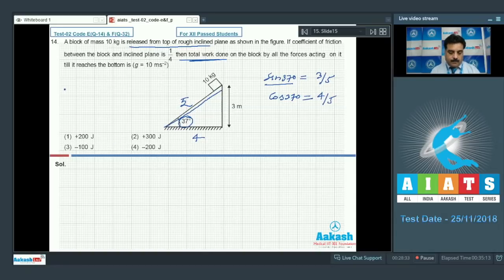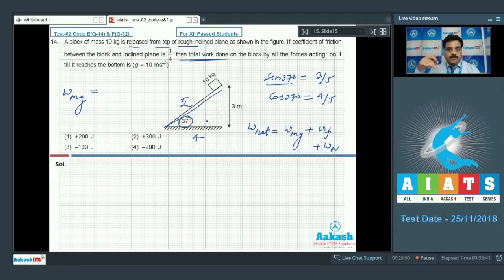So if I go for the work done by mg, because if you are looking to find the net work done, first you will calculate work done by mg, that is weight, work done by the friction force, and work done by the normal force. The formula of work is force into displacement into cos theta, where theta is the angle between the direction of force and the displacement.